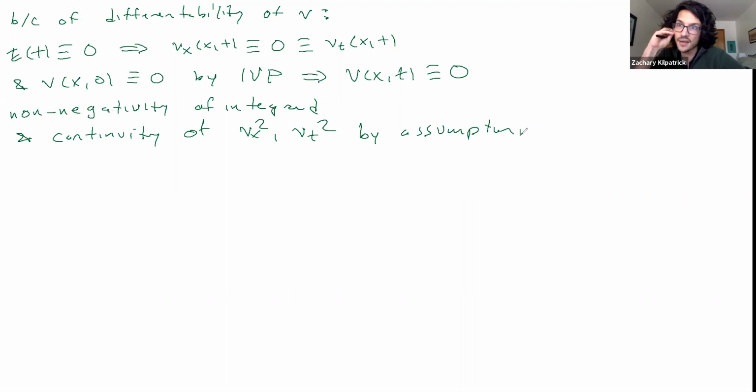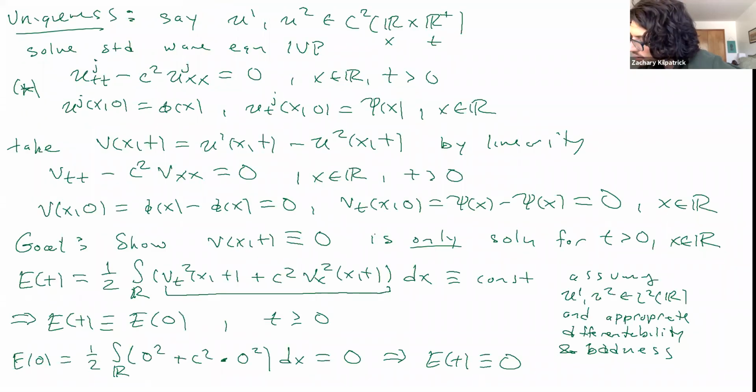Other questions? In more than one spatial dimension, we replace u_x with the magnitude of the gradient. Yeah, we'll see examples of that once we get to higher order wave equations.